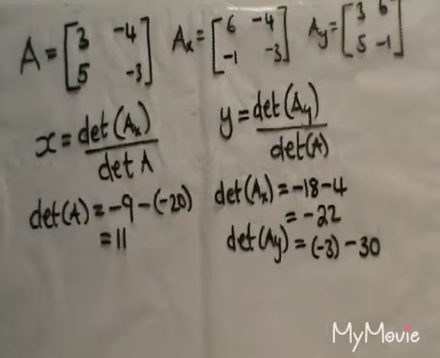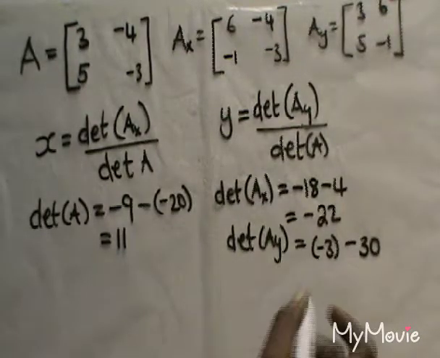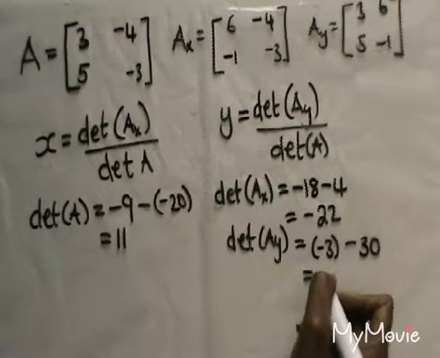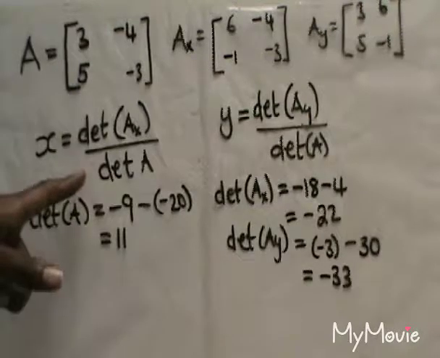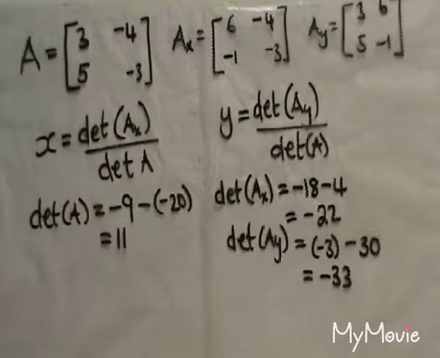Okay, so I have negative 3 minus 30, and then over here what I get is equal to negative 33. Okay, so that is simple to do. We know what the determinant of each of these are. Now we just need to apply Cramer's rule to work out what each of those are.